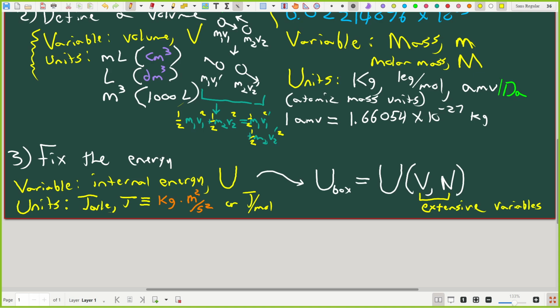They effectively define the system. The box is defined by the volume and the number of particles in it. Those are the only independent variables for now. And U, the energy, is what's called an intensive variable, which is kind of like a response. It's an output given the input. It's a property that depends on the extensive variables.